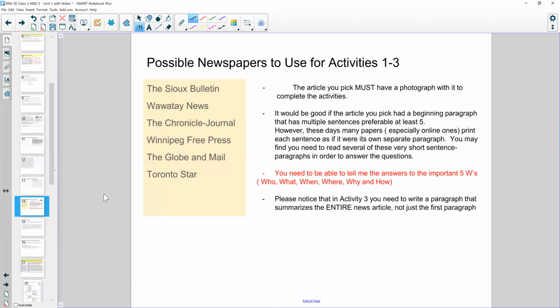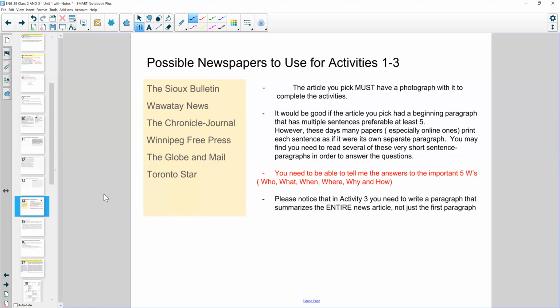So if you're finding that as you're doing your search, you may need to end up reading 5 or 6 short paragraphs, these little sentence paragraphs, in order to understand the question. You need to be able to tell me the answers to the important 5 W's: who, what, when, where, why, and how. Almost any good newspaper story is going to be able to tell you those things.